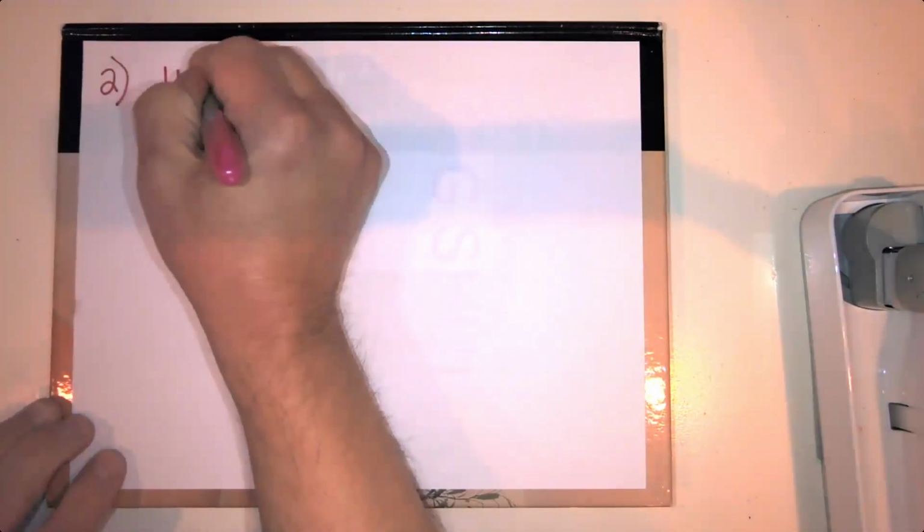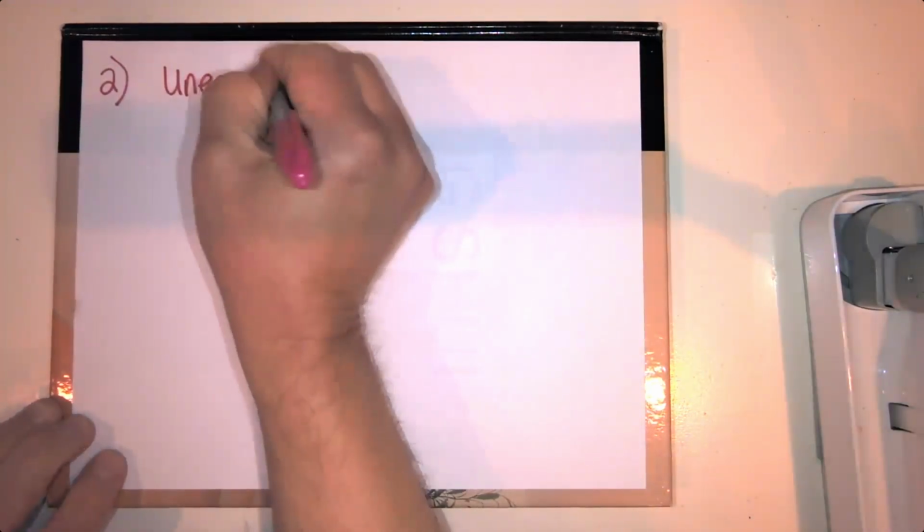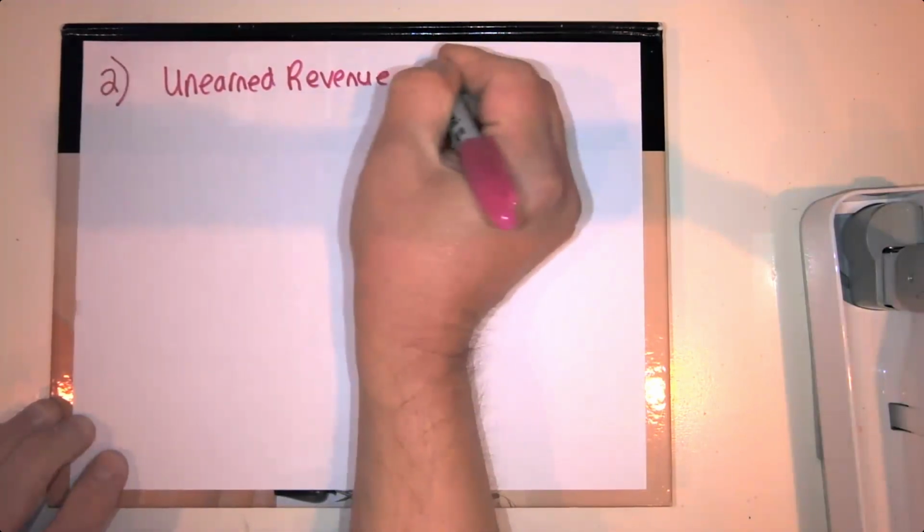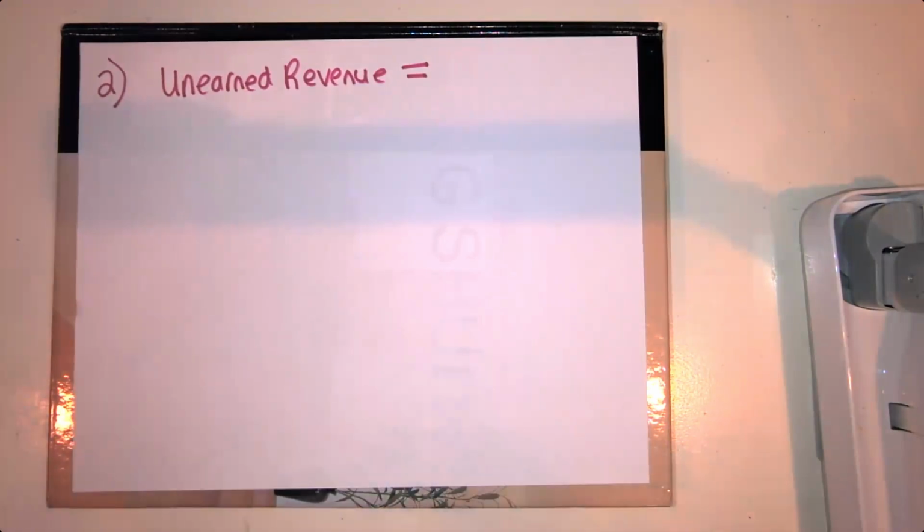Can I have a volunteer to do a little bit of work, please? And my first question is going to be this. Unearned revenue is a brand new account. We just learned it this week. What type of account is it? Zane, your mic's on. What type of account is unearned revenue?